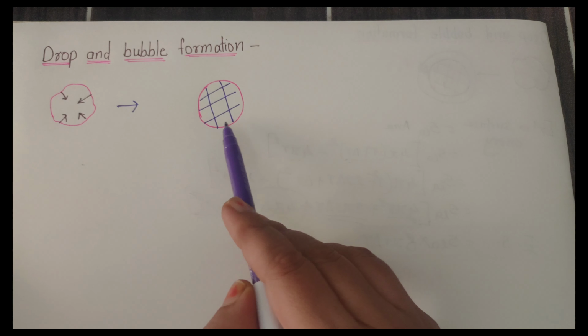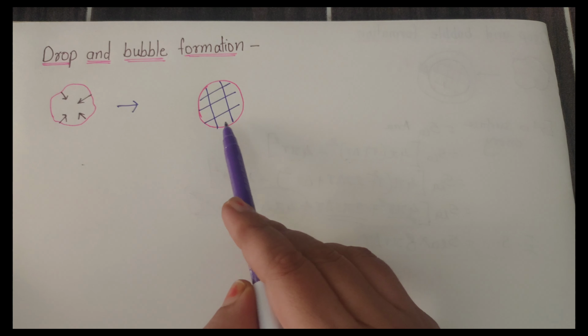Now if the radius of the drop is increased, suppose this is the radius, and the increase in the radius of the drop we indicate by del r. If the radius of the drop is increasing, then obviously extra surface energy is needed for that. So what is that extra surface energy?